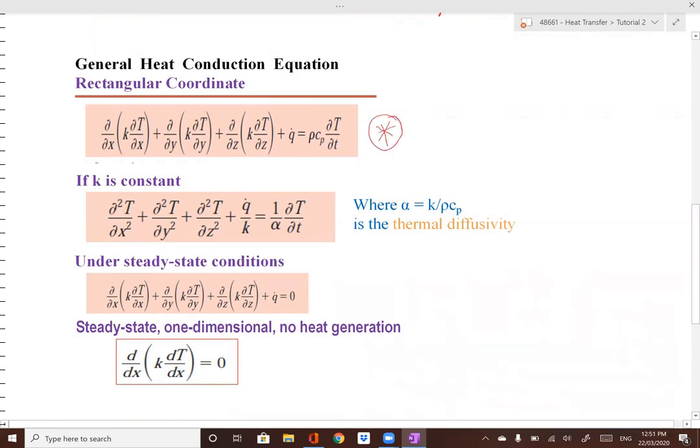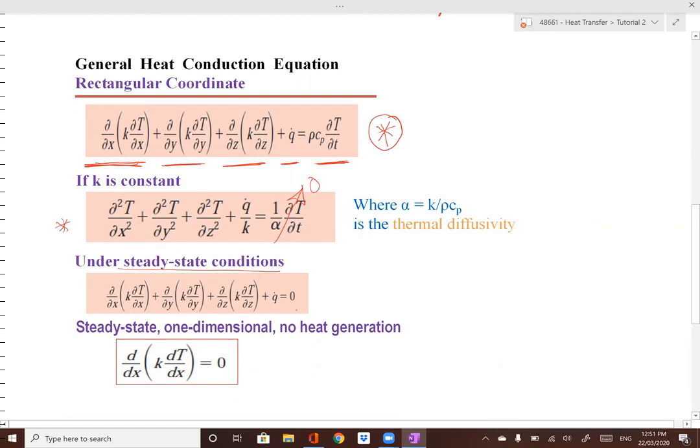The first part is related to heat flow through the x-axis, this one for the y-axis, this one for the z-axis, and this one is the heat generated, and the right hand side is for when temperature varies with time, so for the unsteady condition. Now if k is constant, the formula will become this one. And for the steady state condition, the right hand side will become 0 because T will be constant; it will not vary with time.